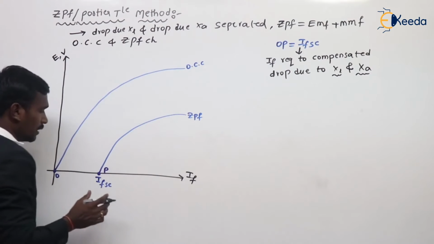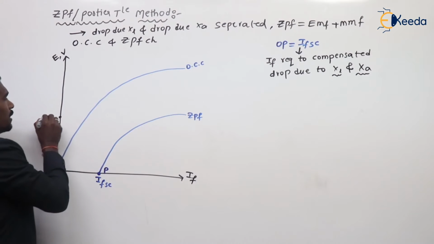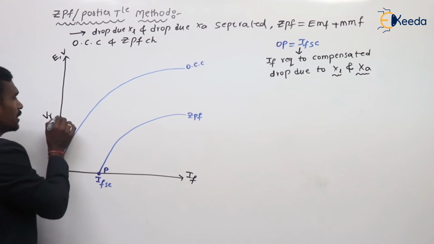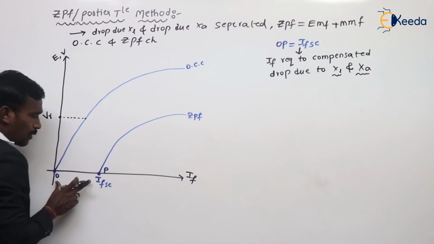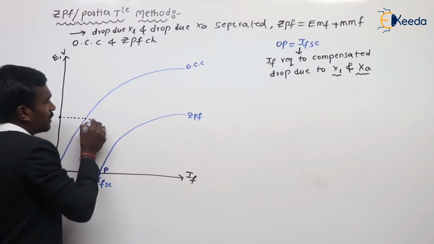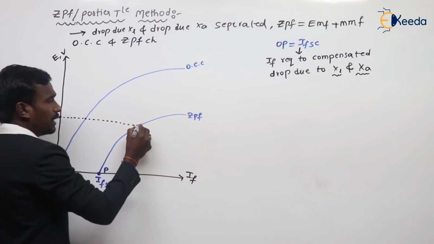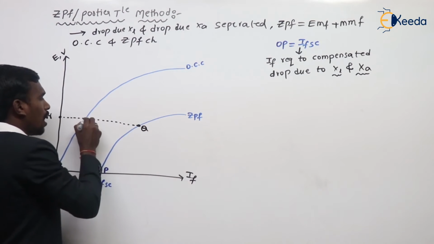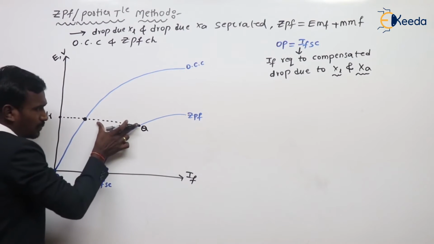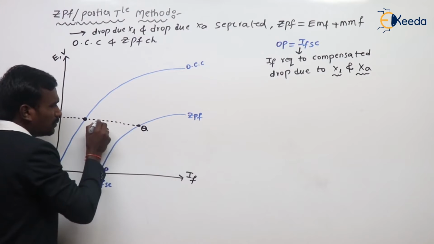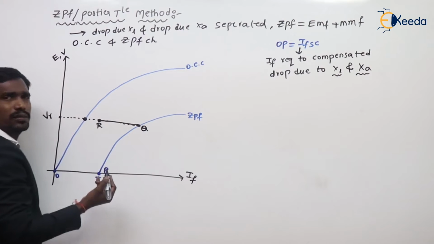See here carefully. This is OP. For example, this is my rated voltage on OCC. Take the OP projection here at the rated value, and find QR. Take this much and mark it here.